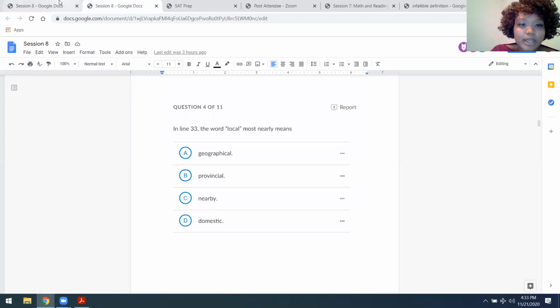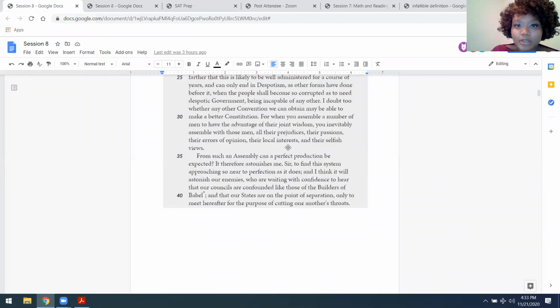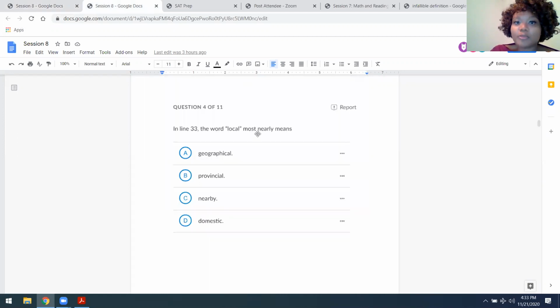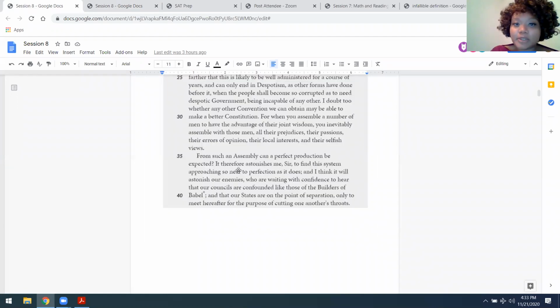DK, I liked how you substituted your answer choice in for that word, because it's asking what the word local most nearly means. Let's substitute it in: their nearby interests, and their selfish views.